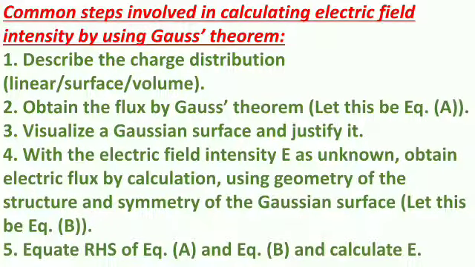Fourth, with the electric field intensity E as unknown, obtain electric flux by calculation using the geometry of the structure, and let this be equation B. Now fifth step is to equate the right hand side of equation A and equation B and calculate E. So these are the common steps involved in the calculation of electric field intensity using Gauss's theorem.